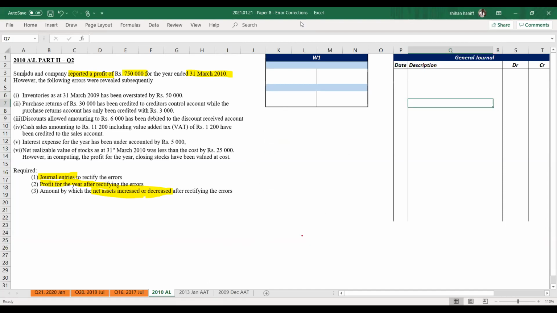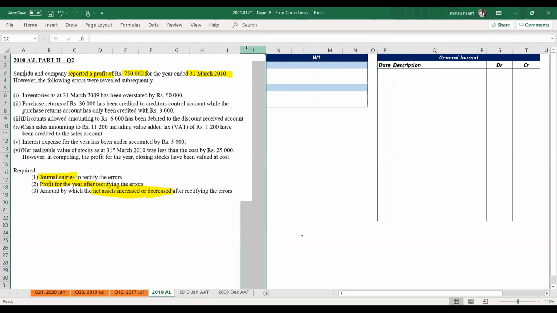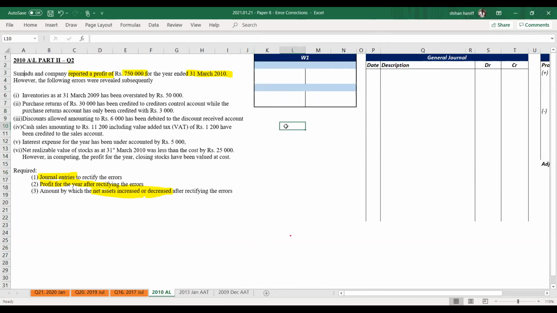So first let's do the error correction, and after that we can do the statement of adjusted profit. Number 1.